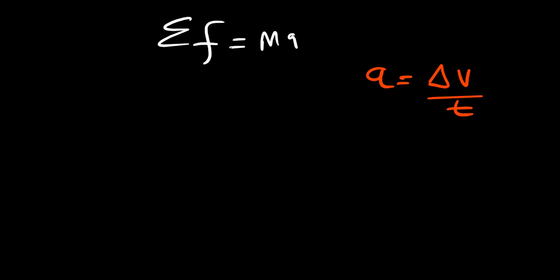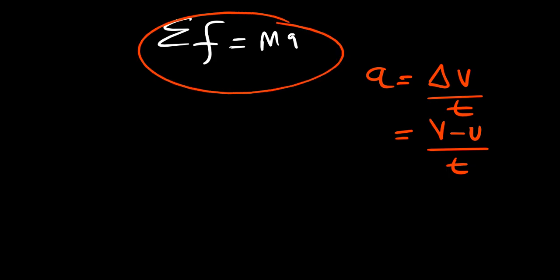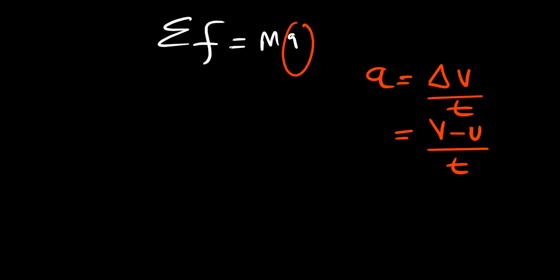For the change in velocity, you subtract the initial velocity from the final velocity, over time. This was a formula that we had, okay? Now, if the summation of all the forces is equal to mass times acceleration, what if we replace acceleration with our v over t?